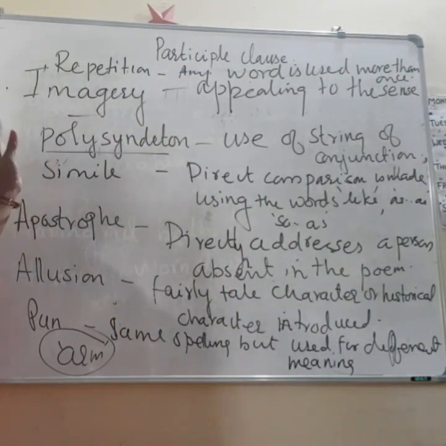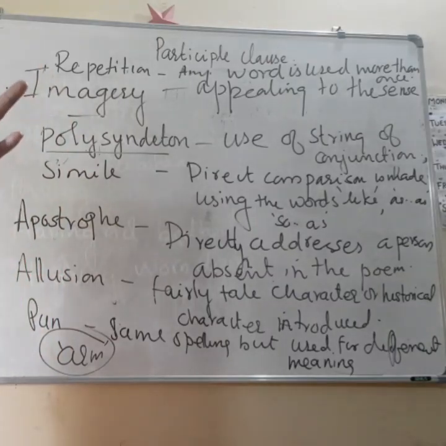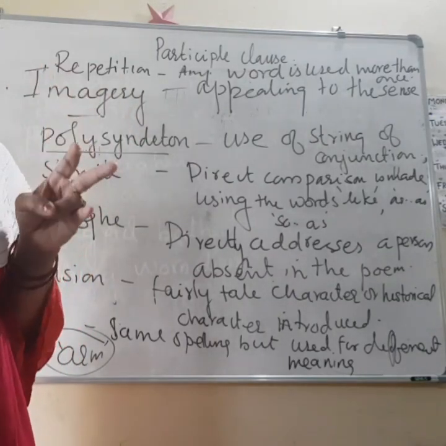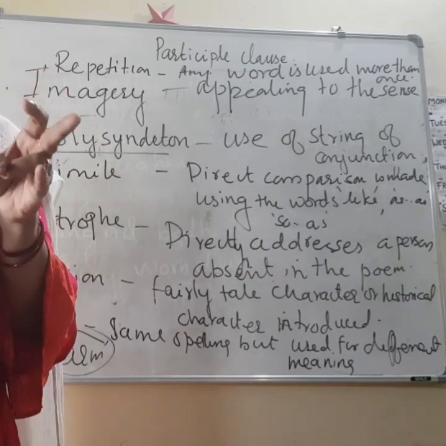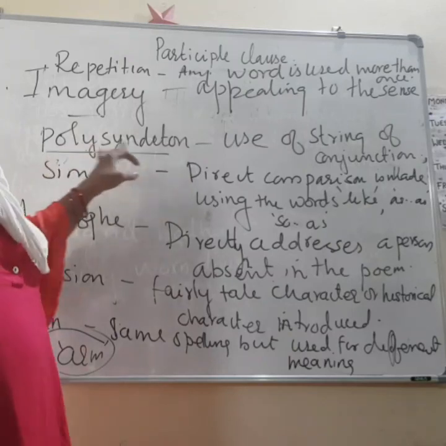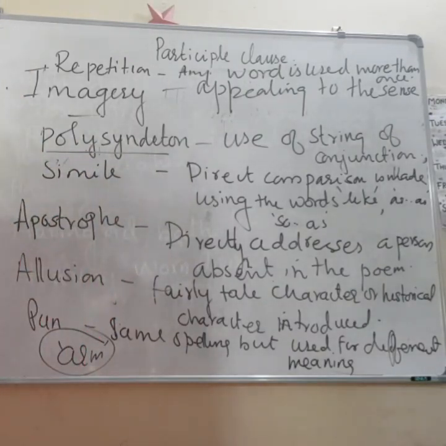I will repeat the FOS we have to learn in this poem. First one is alliteration. Repetition of consonant sounds or consonant letters is called alliteration. Then assonance: repetition of vowel sounds or letters. Simile is direct comparison made using the words like, as or so as. Then apostrophe: directly addressing a person who is absent in the poem.